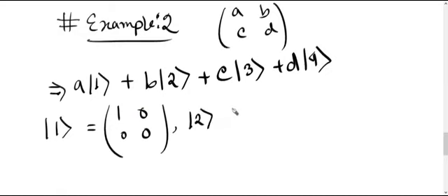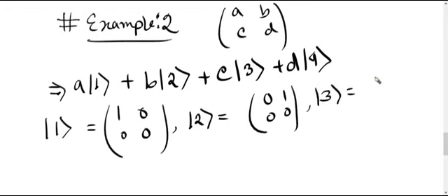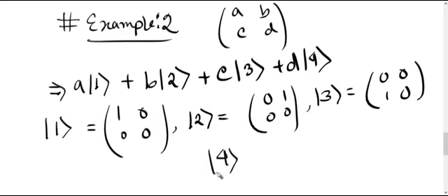Similarly, 2 will be given by 0 1 0 0. 3 will be given by 0 0 1 0, and 4 will be given by 0 0 0 1. So the question is, are these vectors linearly independent, that is 1, 2, 3 and 4?